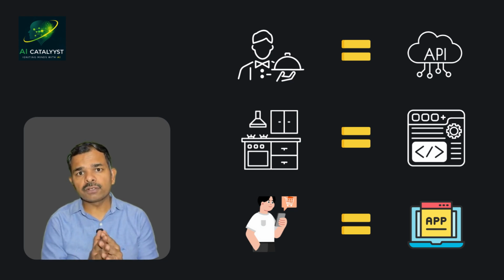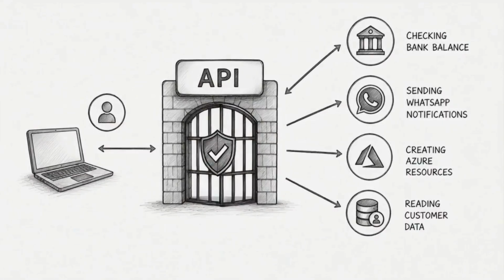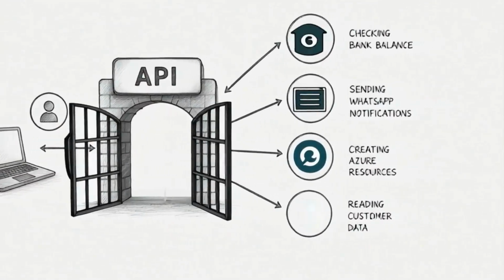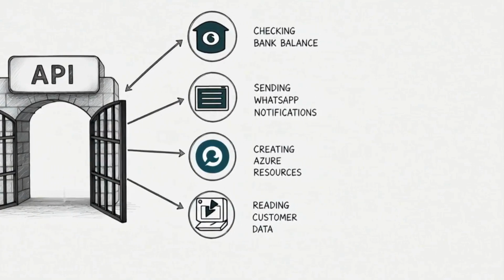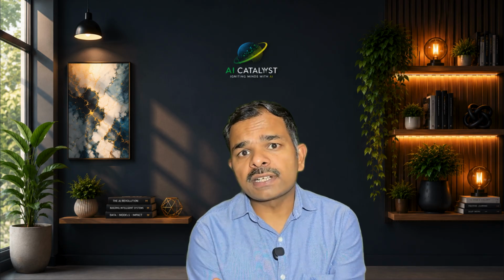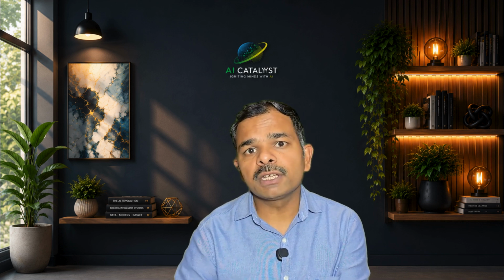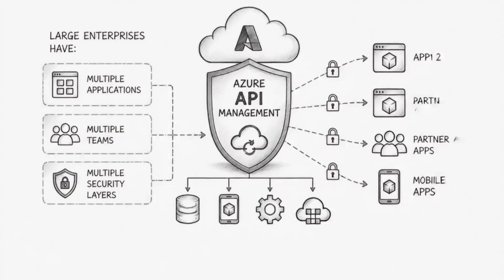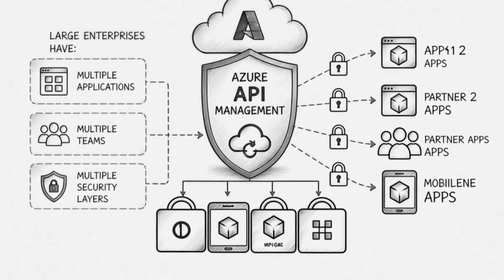APIs were designed to create controlled communication between systems. An API is simply a controlled gateway to access different functionalities. For example, checking bank balance, sending WhatsApp notification, creating Azure resource, reading customer data. Now all these functionalities are generally exposed through an API. In the Azure world, it becomes more powerful because large enterprises have multiple teams, multiple applications, and multiple security layers.